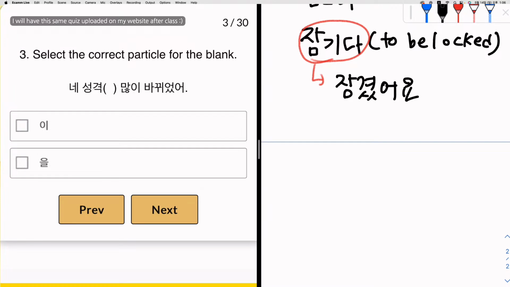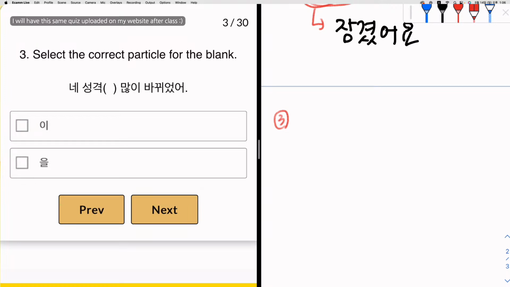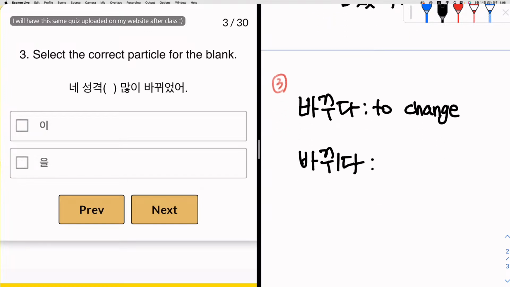3. Select the correct particle for the blank. Another particle question. So 성격 means personality, and 네 성격 would mean your personality. And 많이, a lot, 바뀌었어. So do you guys remember 바꾸다 versus 바뀌다? 기억나요? Which one is a transitive verb? So 바꾸다 is a transitive verb that means to change something, and 바뀌다 is a passive form of 바꾸다, which means to be changed, right?